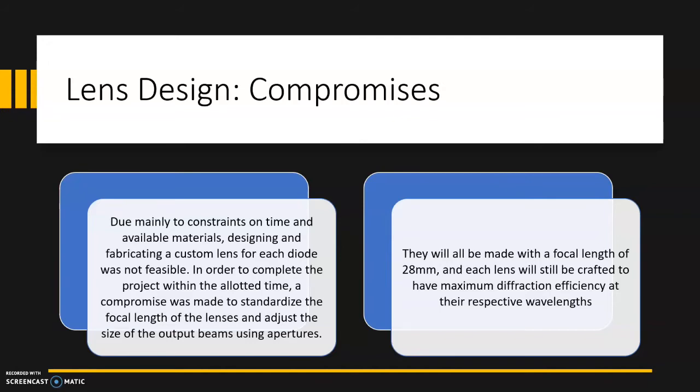To make up for this, I decided to standardize the focal length of the lenses and use apertures to cut out any stray light. Each beam will be collimated by a lens of 28 millimeters to accommodate the smallest diverging lens, which is the green laser. If I made them any shorter, then the beams might not actually be as large as I need them to be. I'd rather have beams that are much larger than too small and don't make enough illumination.